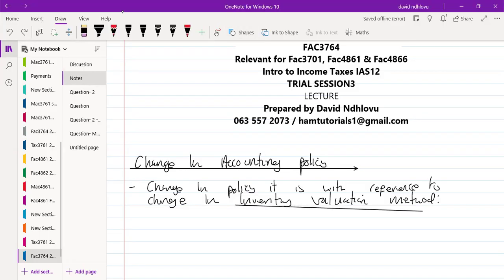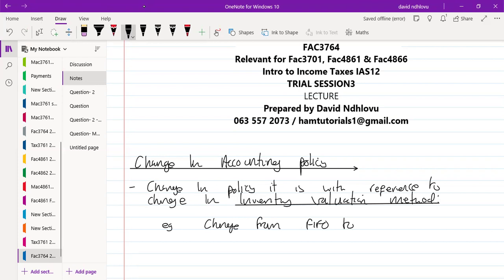Remember there are many different methods of inventory valuation. But in this instance, we are talking about a change from FIFO to weighted average cost method, or from weighted average cost method to FIFO method.